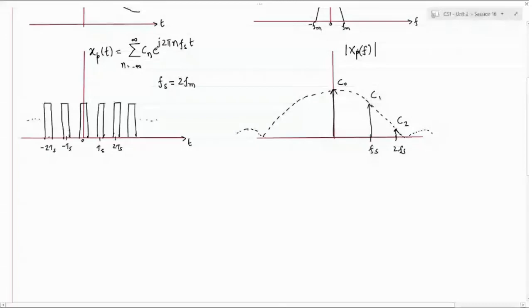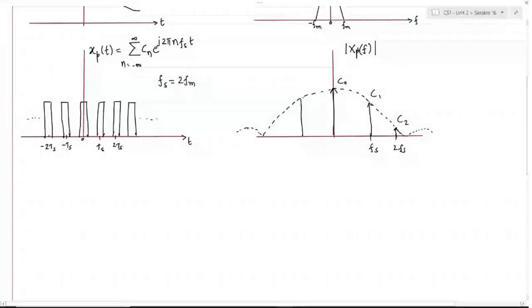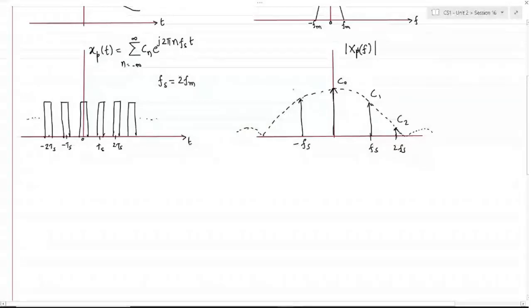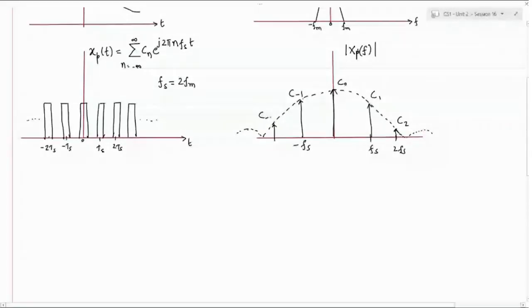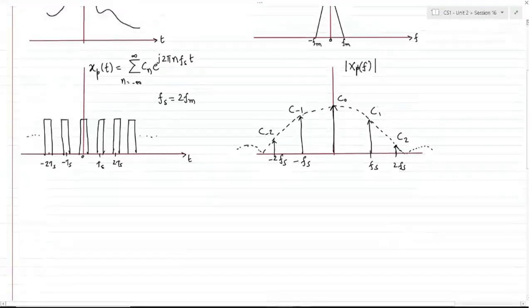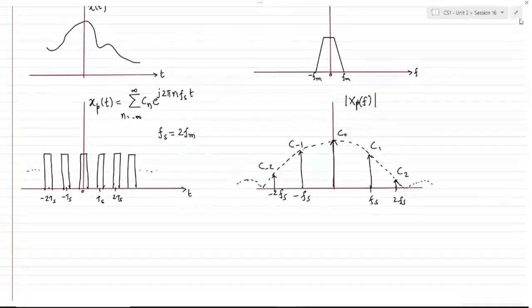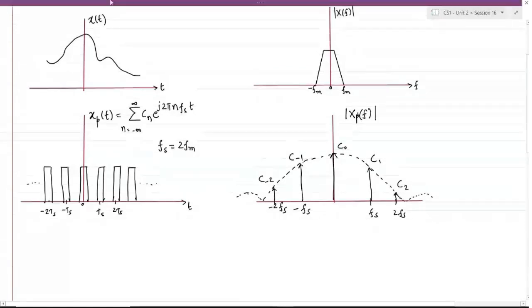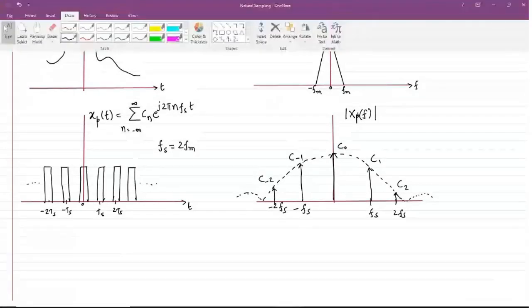And similarly on the negative scale, if this is minus Fs, here this is C minus 1, and similarly at minus 2Fs, and so on. Now I'm multiplying x of t with xp of t, so I need to represent the time domain and frequency domain representation of sampled versions of these. Then it will be evident why it is called natural sampling.